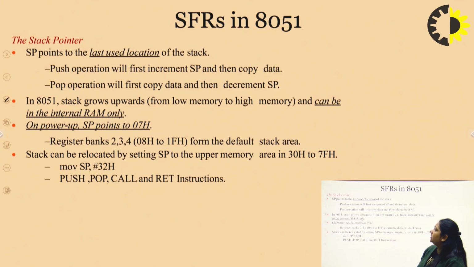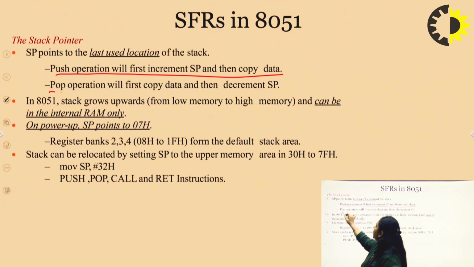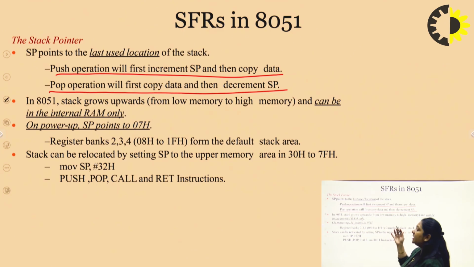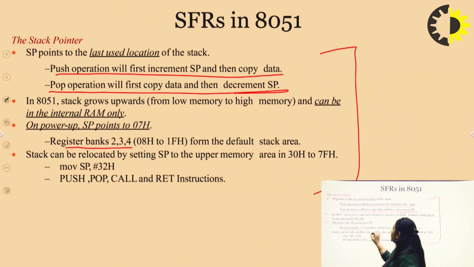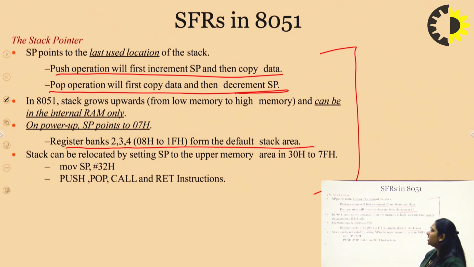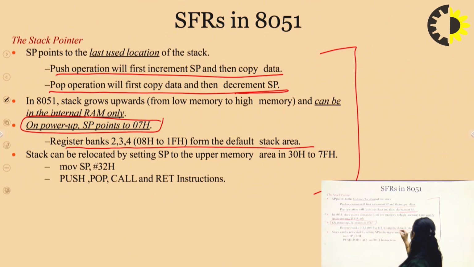Next is the stack pointer. We all know it works on two principles, push and pop. When a push operation happens, we increment the stack pointer and copy the data. Pop means it will first take out the data and then decrement the stack pointer. Similarly in the microprocessor it is the same, and we have register banks 2, 3, 4 which are normal, and the SP stack pointer is pointed by register bank 1.